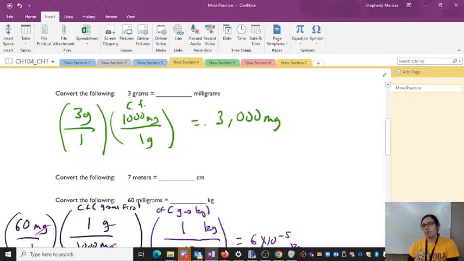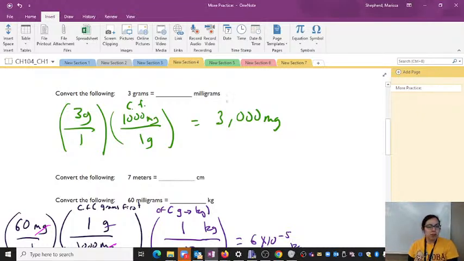On that assignment, if we just put 3 times 1,000, is it incorrect? Well, you want to have some sort of conversion factor, because if you just write 3 grams times 1,000, I don't know what that really means.